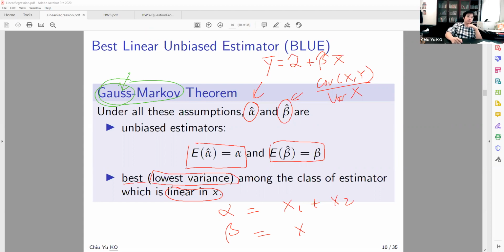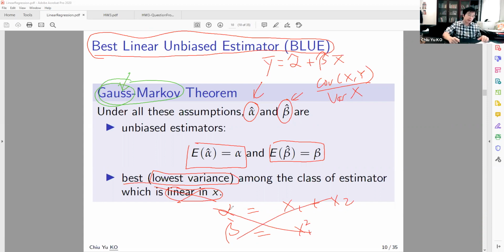But you don't need to care about all this, just that they are unbiased and also good in some way. What you should remember is that this is called BLUE, the best linear unbiased estimator. You have a linear form, without any non-linear term. You don't need to worry about the exact meaning of this. It's basically good if you focus on a particular way to estimate.